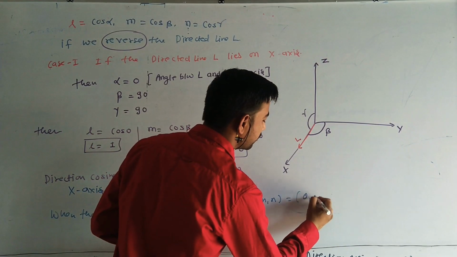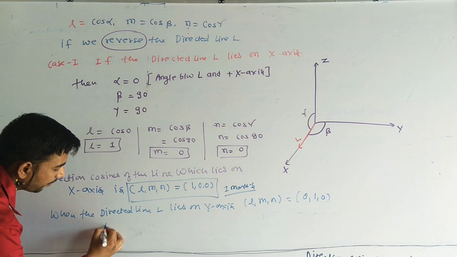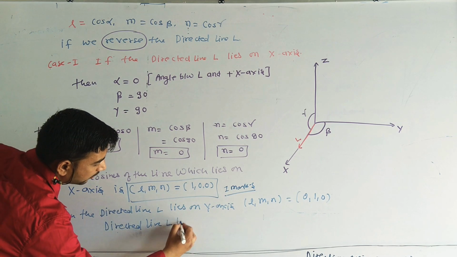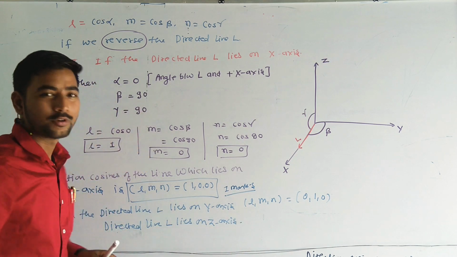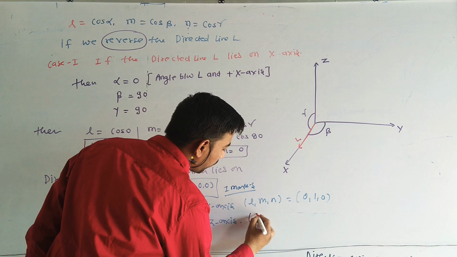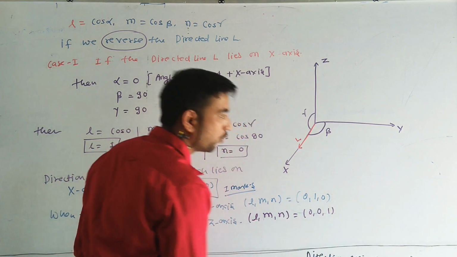For the y-axis, that means 0, 1, 0. You can solve like this, no problem. Again, when the directed line L lies on the z-axis, then what is the value of L, M, N? It will be 0, 0, 1.